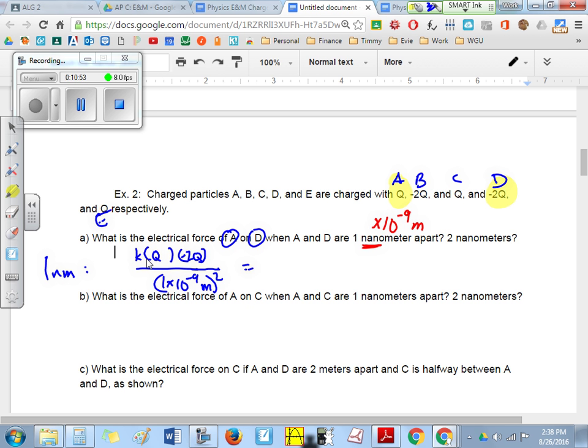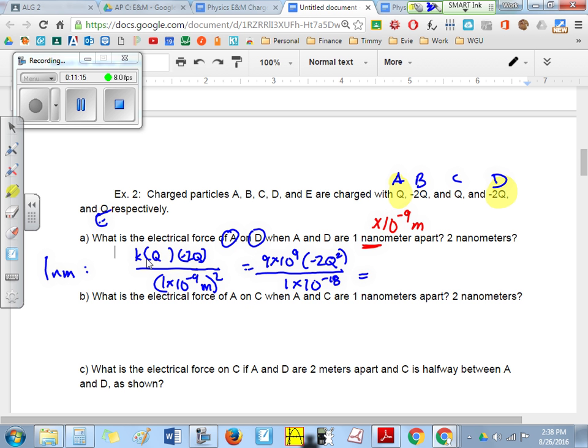So you end up with, on the top, 9 times 10 to the 9th, remember, that's K. Then there's a negative 2Q squared. And on the bottom, we are squaring the distance, so we end up with 1 times 10 to the minus 18th. You do not need a calculator for this, and you don't need units. It's going to come out to newtons, trust me.